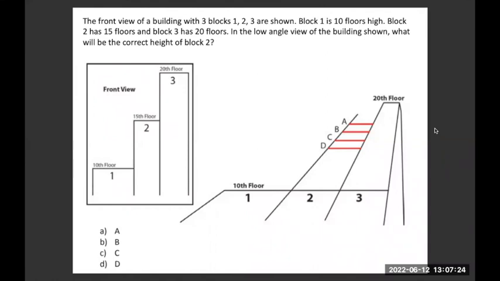Okay. So what you're given is a front view on the left side. Block 1 has 10 floors, block 2 has 15 floors, and block 3 has 20 floors. So block 2 is somewhere in the middle between block 1 and block 3. Of the red lines which are marked in the perspective view, which will be the correct height in perspective of block 2? That is what you have to guess. A, B, C, or D. How do we do this?